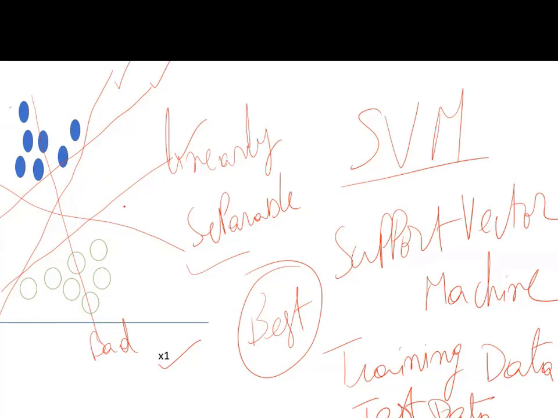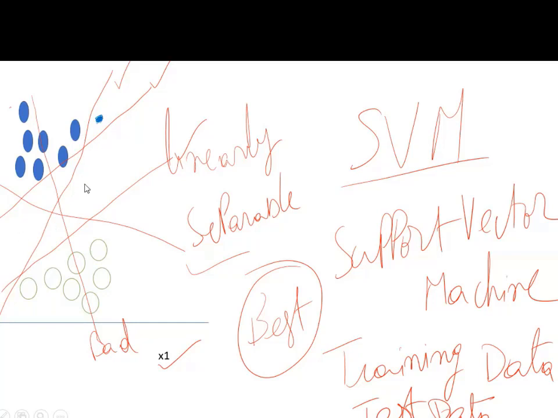Suppose in test data, for example, one filled circle comes here. Then which line determines that correctly? This is the question.